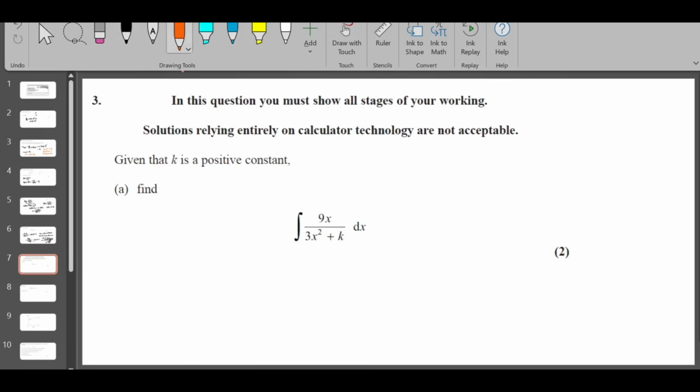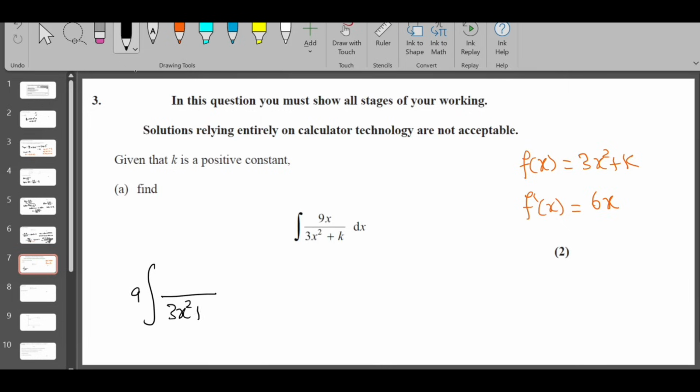So I'm going to apply the reverse chain rule by taking the denominator as f of x. So the derivative of f of x is just 6x. We need 6x on top. So what I'm going to do, I'm going to keep 9 outside. We need 6x, right? Okay, this one as it is. So I'm going to multiply and divide by 6.